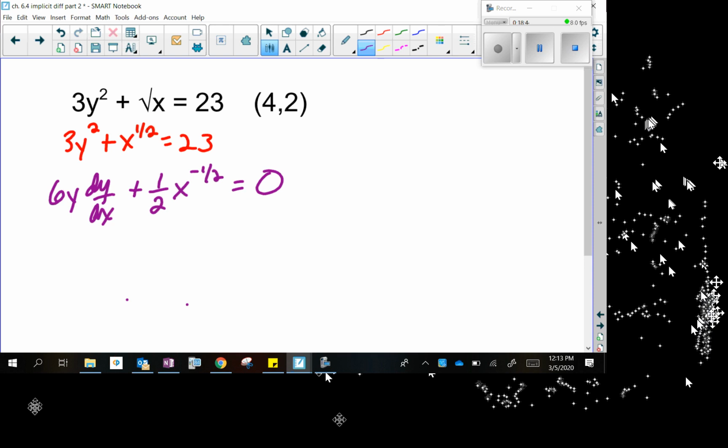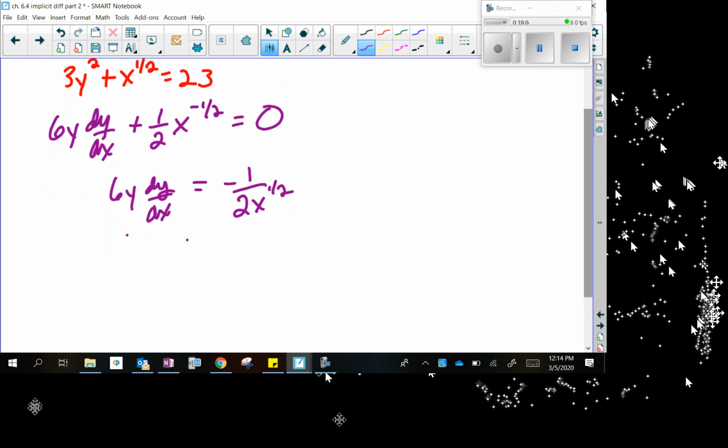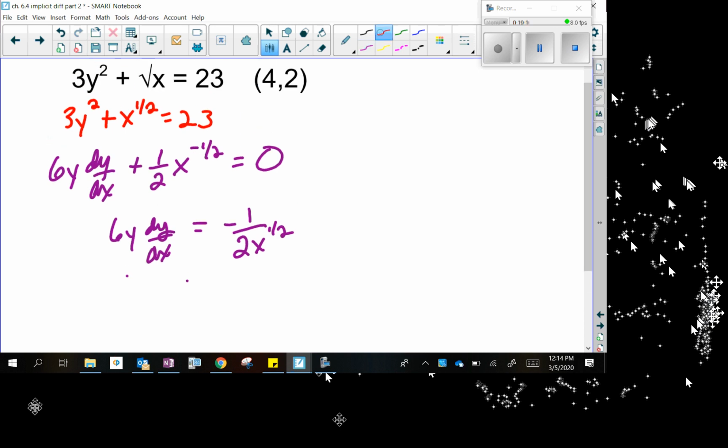Now let's subtract the 1/2 x to the negative 1/2. So we get 6y dy dx equals negative 1/2 x to the 1/2 on the bottom. Everybody agree with that? Because we got that x to the 1/2, and that could get ugly, right now we could go ahead and substitute in our x and y. Let x equal 4 and y equal 2.